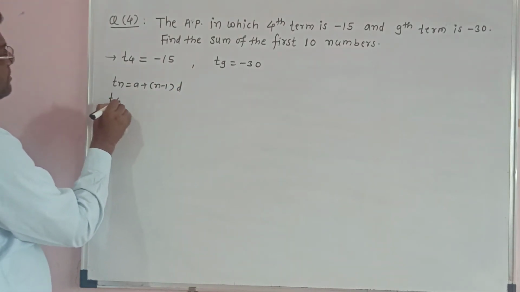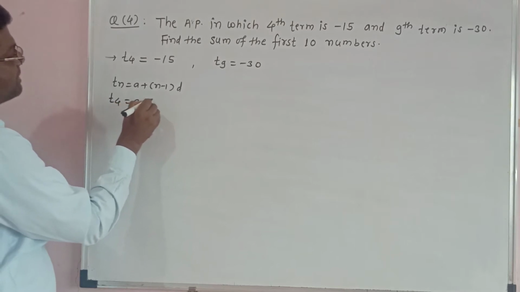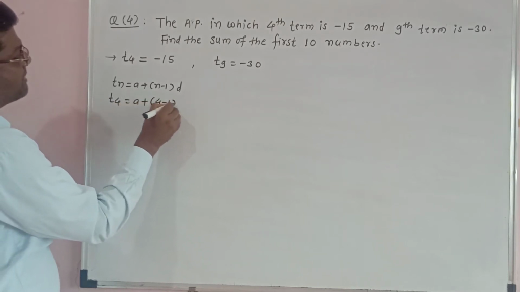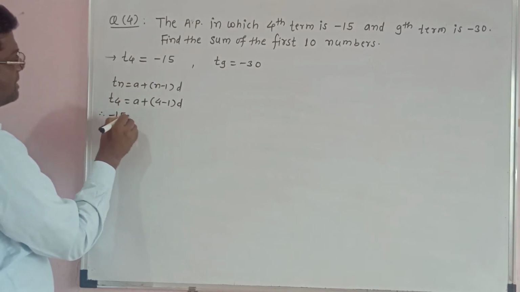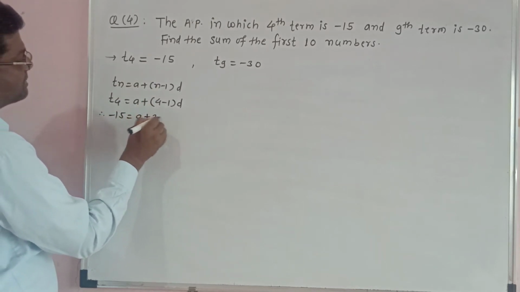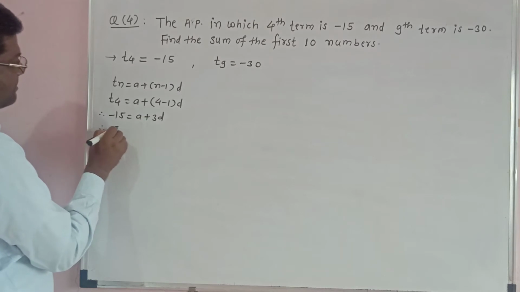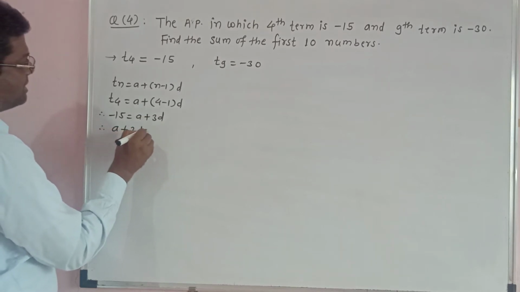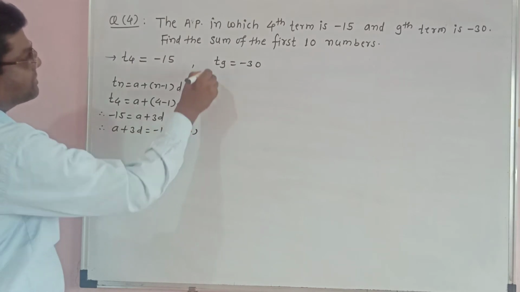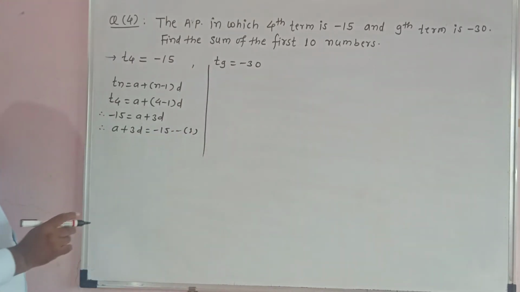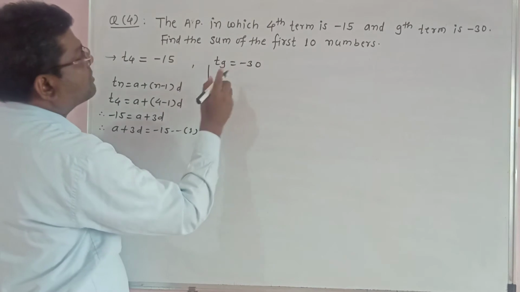Therefore for T4 is equal to a plus 4 minus 1 into d. T4 is minus 15 is equal to a plus 3d. Therefore a plus 3d is equal to minus 15. This is equation number 1. Now we have given T9 is equal to minus 30.